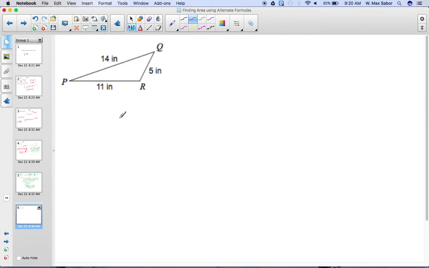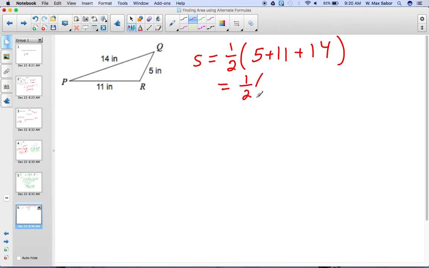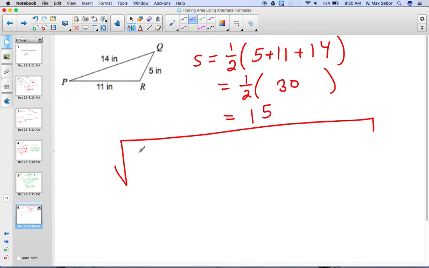Here we have another triangle, side, side, side. We can use Heron's formula first by finding the semi-perimeter. So it's 1/2 times a plus b plus c, 5 plus 11 plus 14. 5 plus 11 plus 14 is 30, so the semi-perimeter is 15. So we're doing 15 times 15 minus 14 times 15 minus 5 times 15 minus 11.